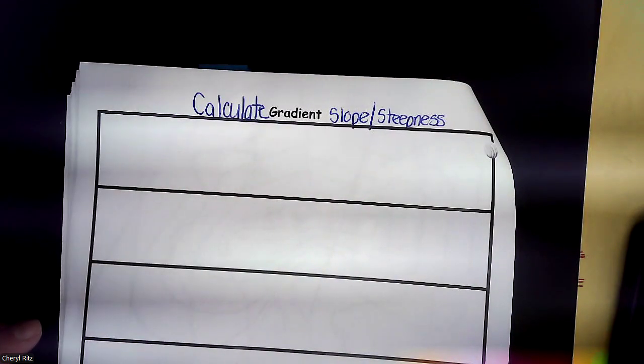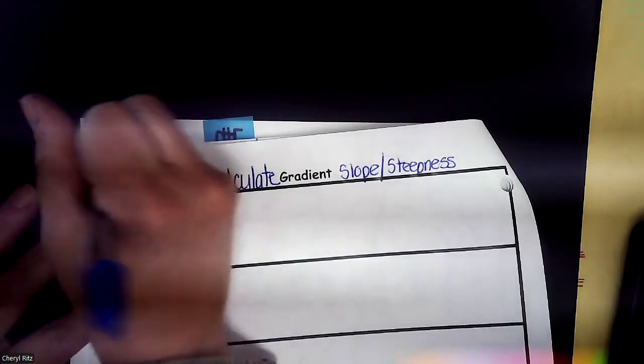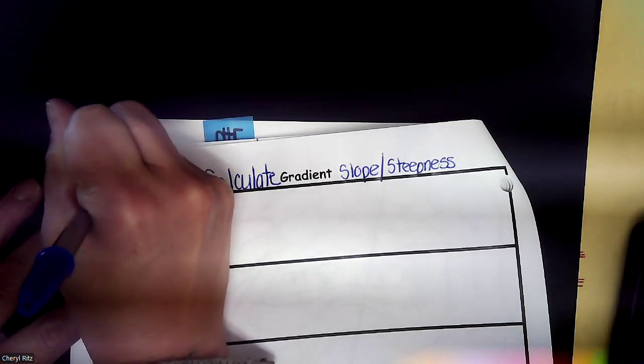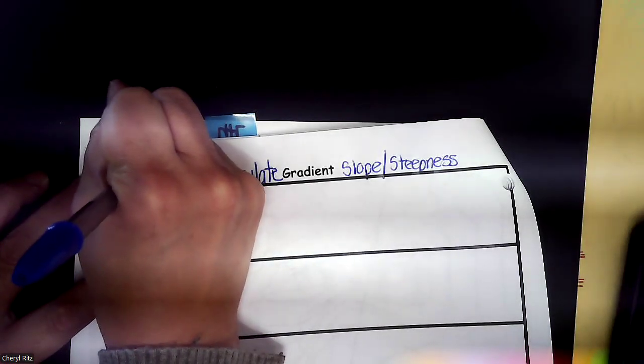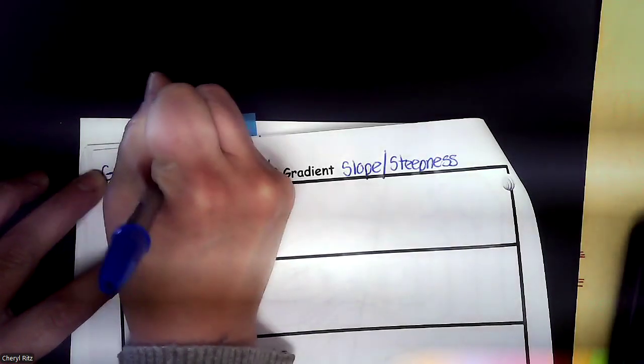Let's write the formula up there. Gradient, I'm just going to abbreviate with a G. Gradient equals change in field value divided by distance.